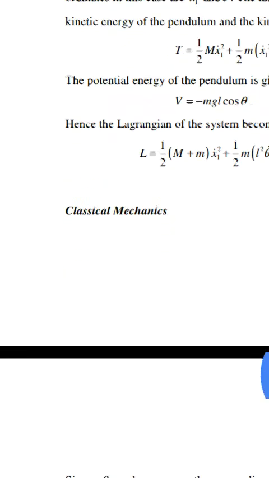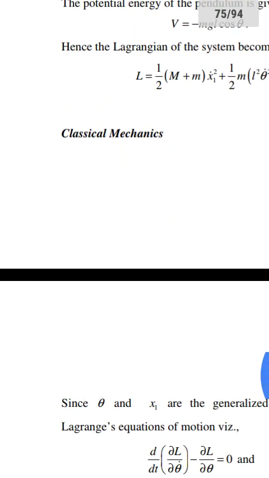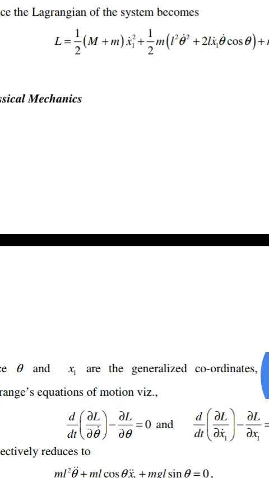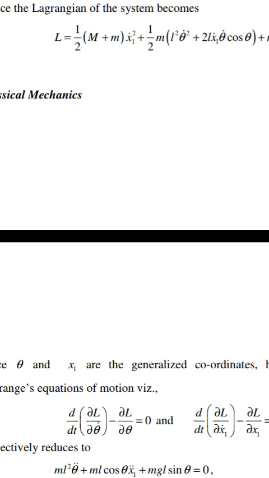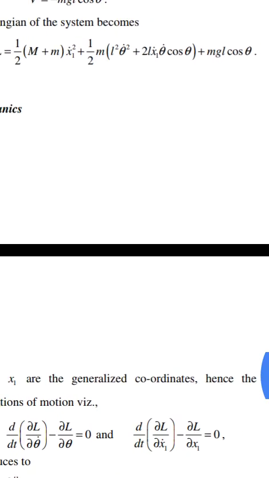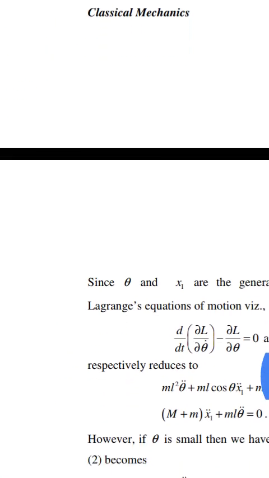Therefore, the Lagrangian L is equal to T minus V, and it is given by 1 by 2 (capital M plus small m) x1 dot square plus 1 by 2 m L square theta dot square plus m L x1 dot theta dot cos theta plus mgl cos theta.